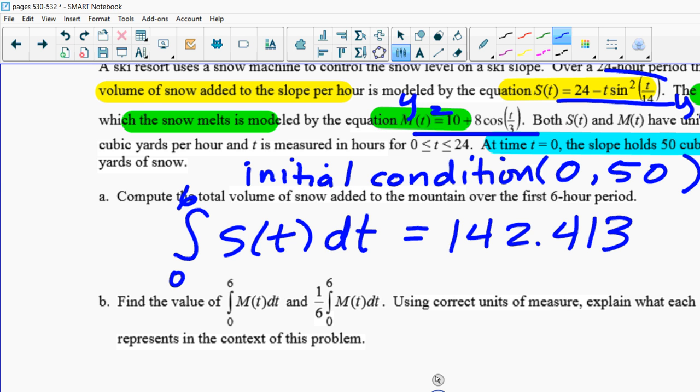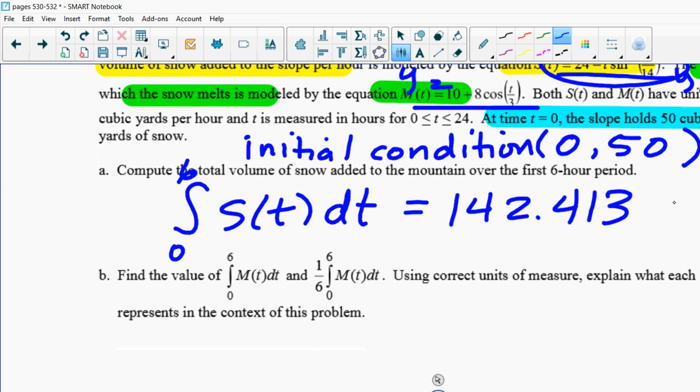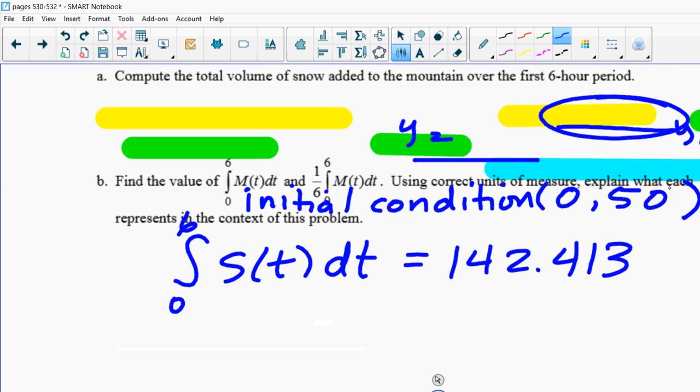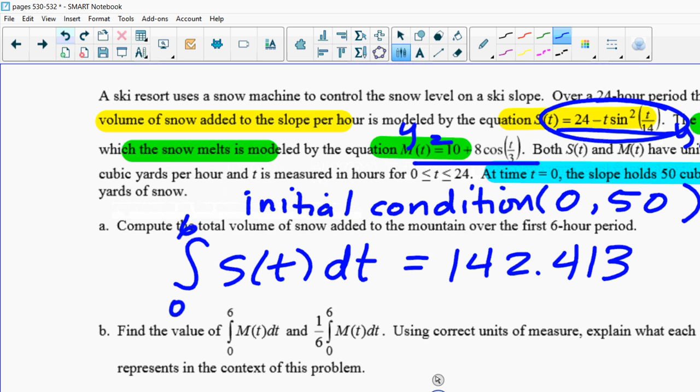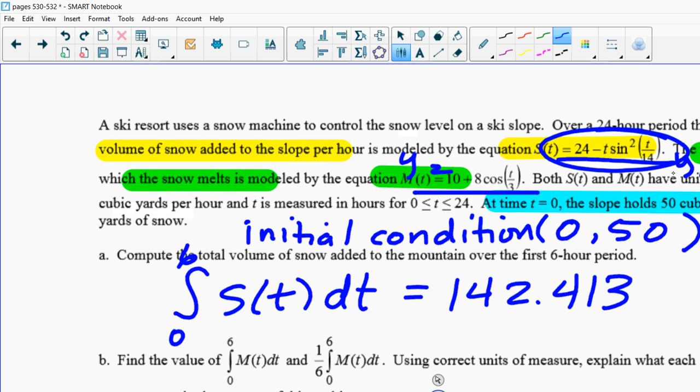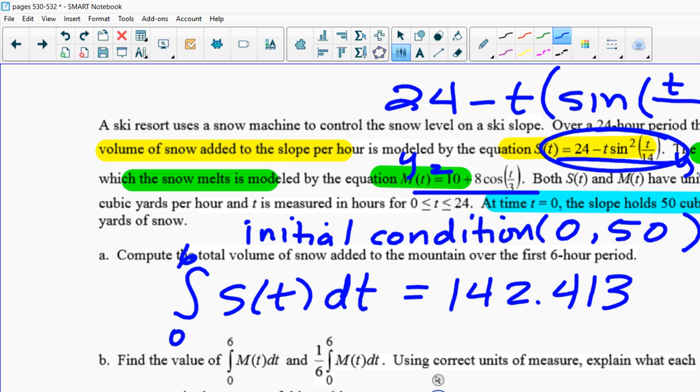When you type this into your calculator, let me look at it. Well, snap. You type it in like this, 24 minus t times sine of, well, that's going to be x, right? That's how you type it in. I think that's what's messing with you.